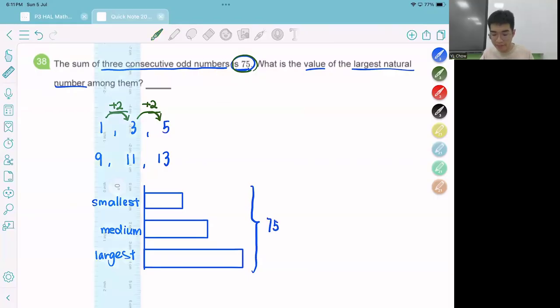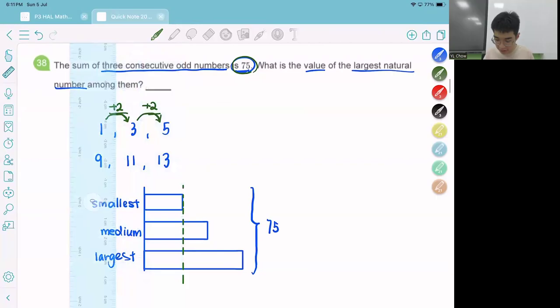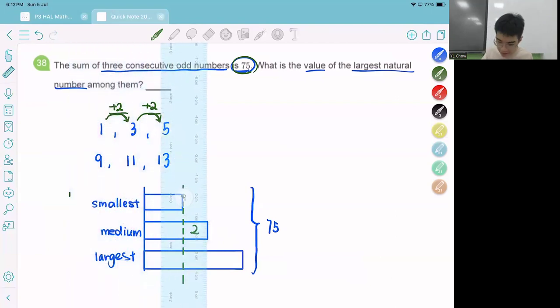Now let's label their differences clearly. From the smallest number to the middle number, the difference is 2. Then from the medium number to the largest number, again, I need to plus 2. So then this difference over here will be 2 as well.